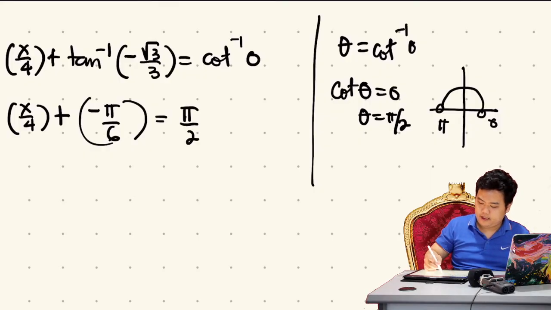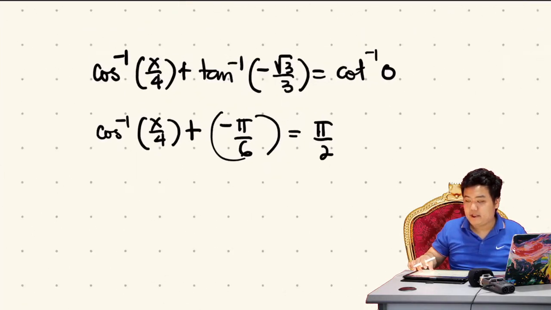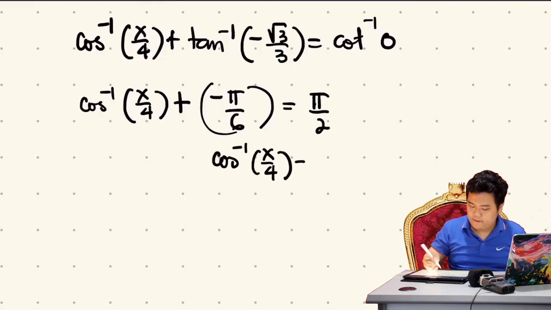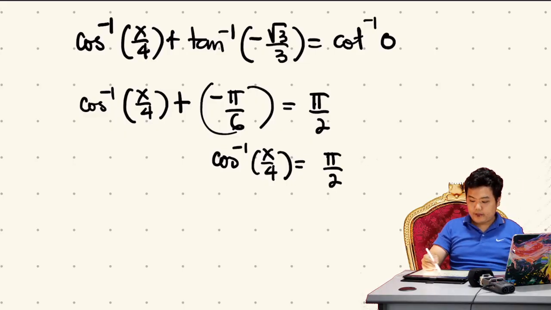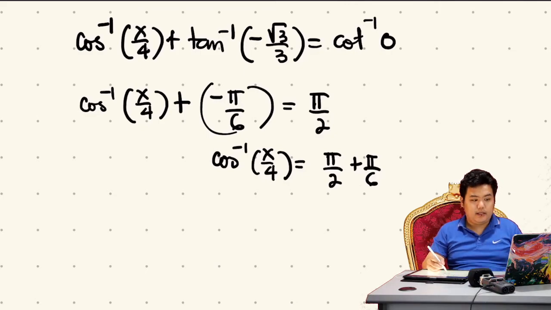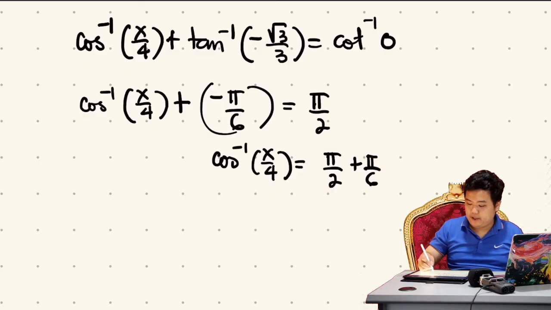Okay, so burahin na natin itong scratch part. And then the next step is to isolate yung inverse trig function. So, yung cosine inverse x over 4 equal to pi over 2. Tapos, lipat sa kabila ito, it becomes plus pi over 6. Ano yan? Pag inadd natin to, it's 2 pi over 3.